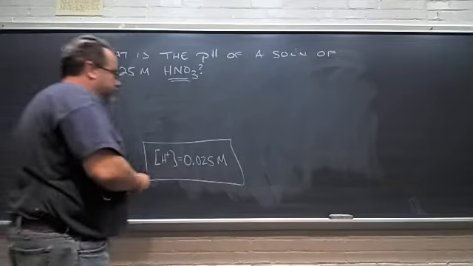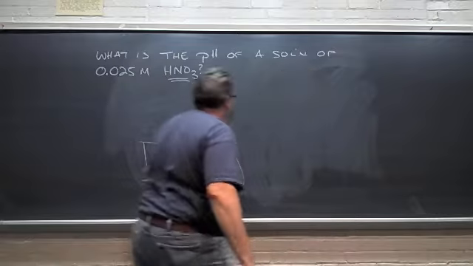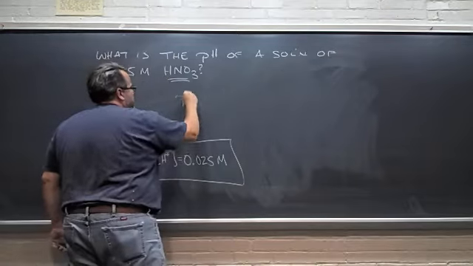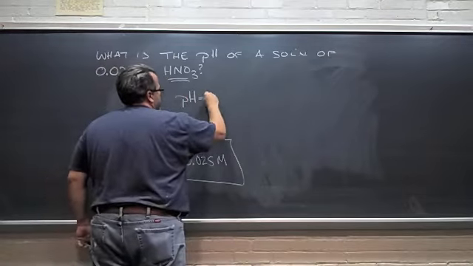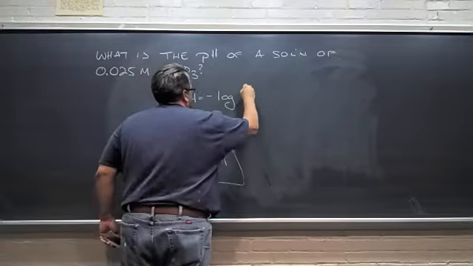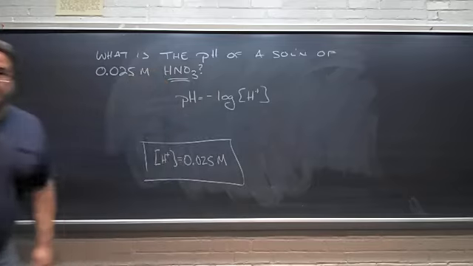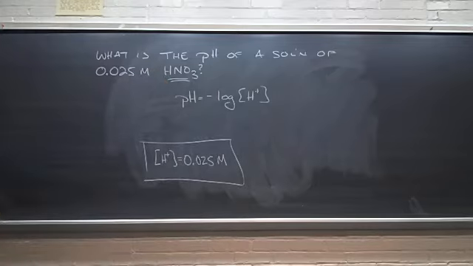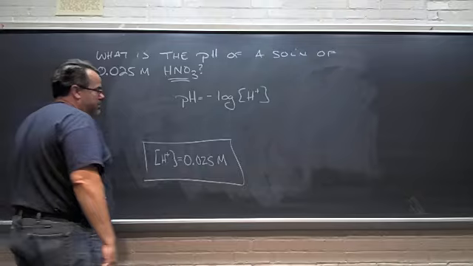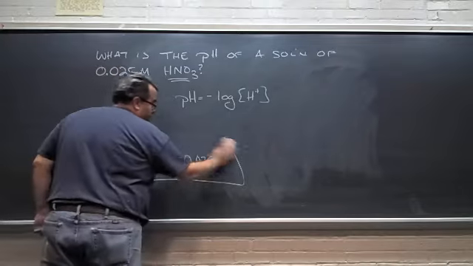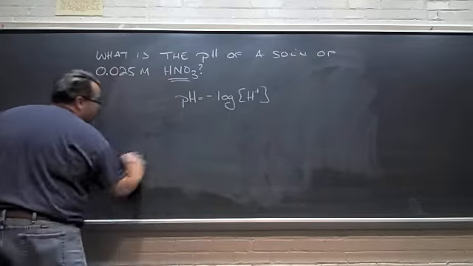All right. Then we can go to our definitions. Remember that the pH is the negative log of the hydrogen ion concentration, which is 0.025 molar.